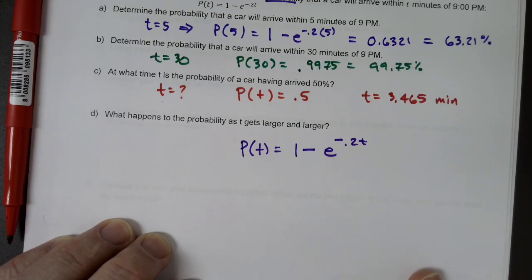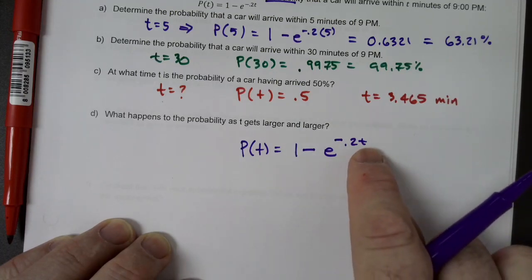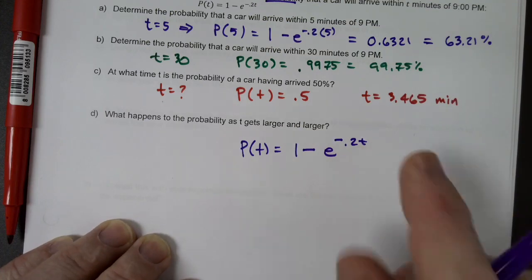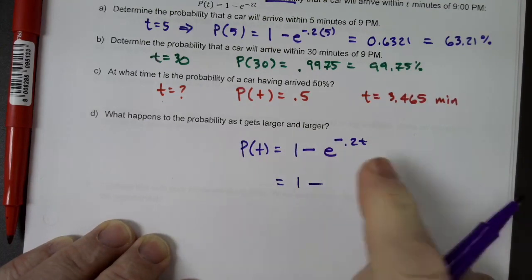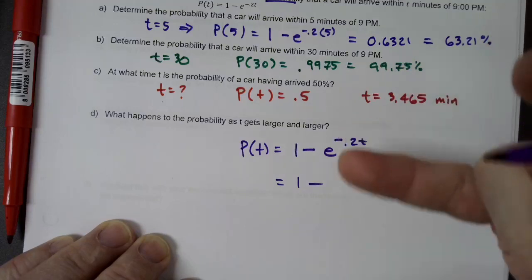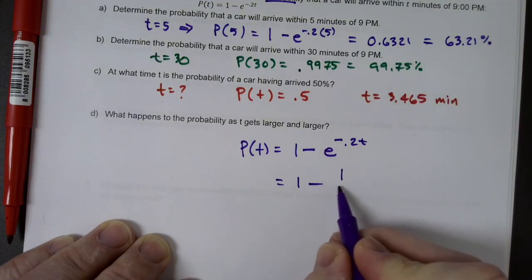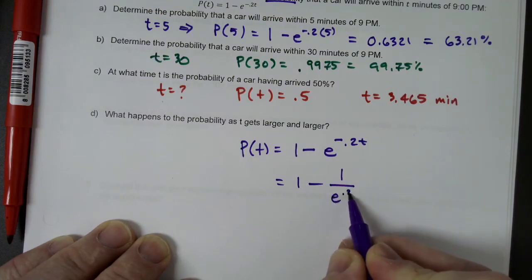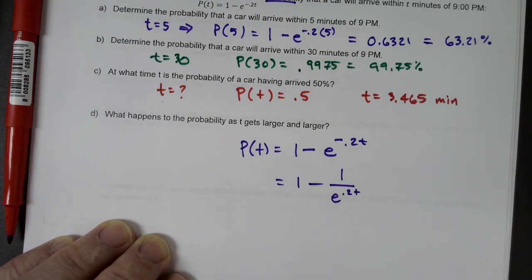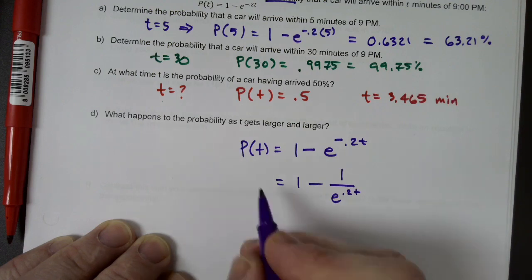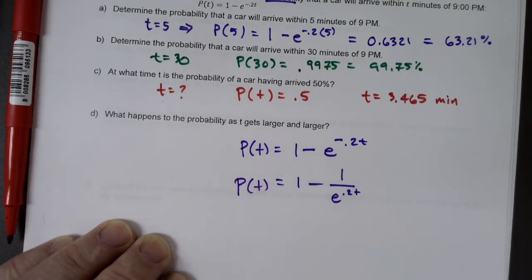Okay. So as this gets larger and larger, remember, if we have a negative exponent, this thing is going to be flipped. So I could write this as 1 over e to the 0.2t. Now think about this.